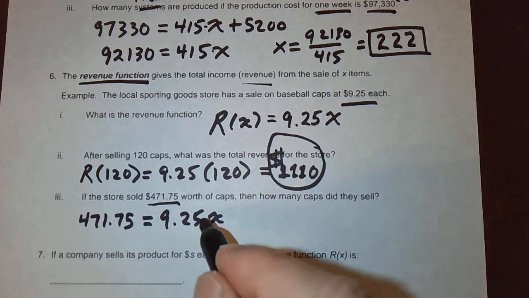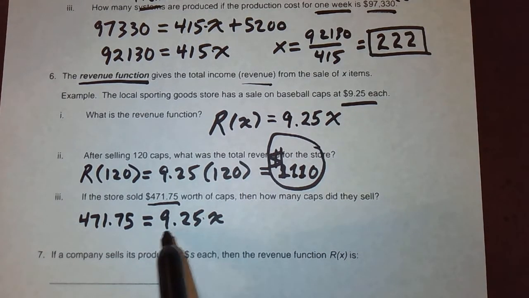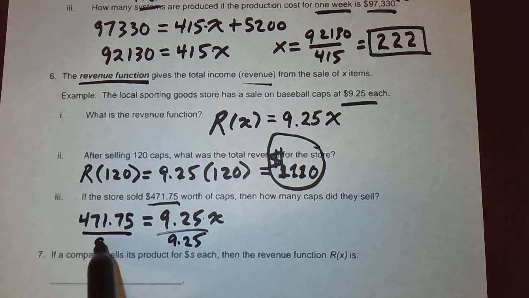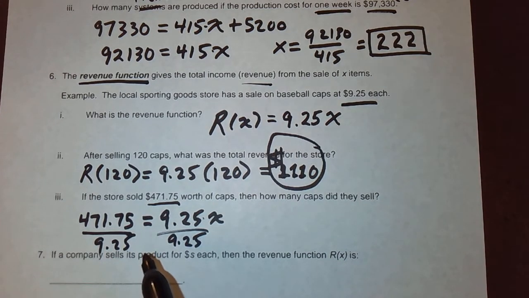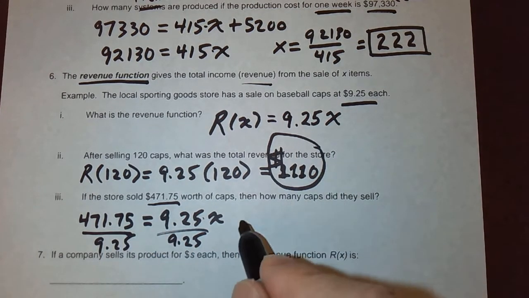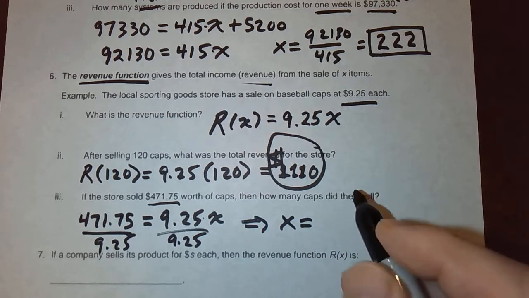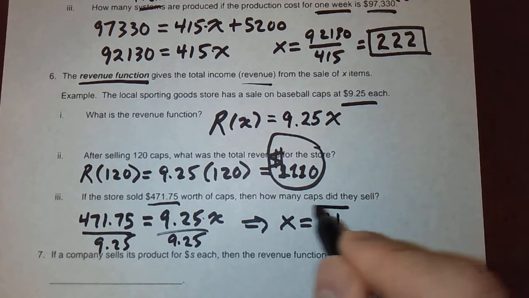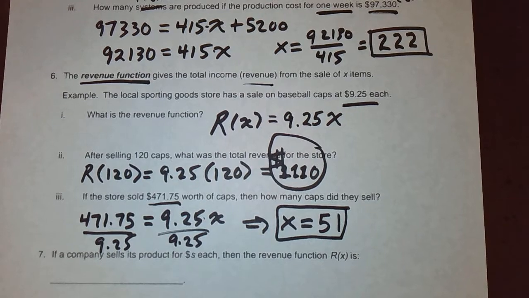So x is the number of hats that are being sold. So all we need to do is divide both sides by 9.25. And whatever this number is on the left, if we were to plug that into a calculator, we would get x equals 51 caps.